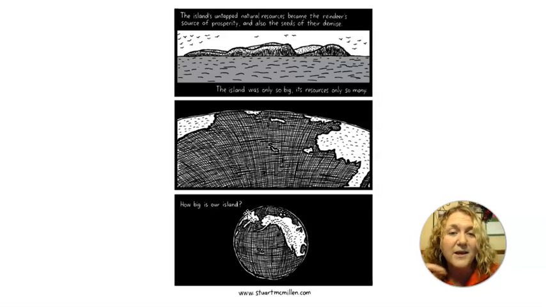So it's important that we keep remembering what happened, but it's also a making us think comic about how we have just so many resources on our planet Earth and how eventually we might run out. Okay, so let's go into our PowerPoint.